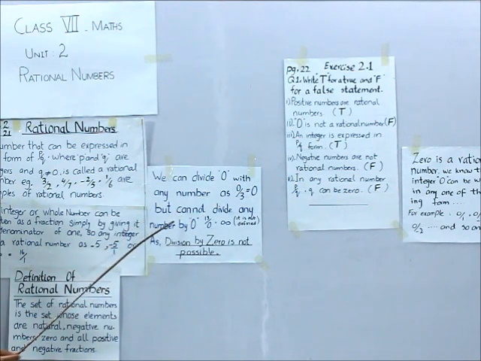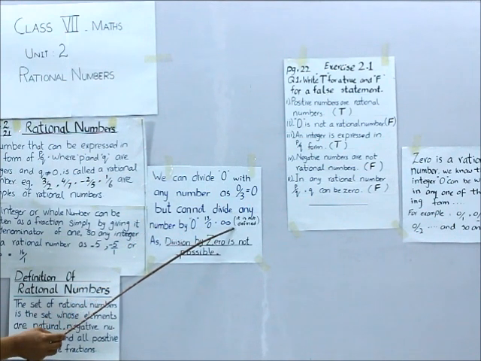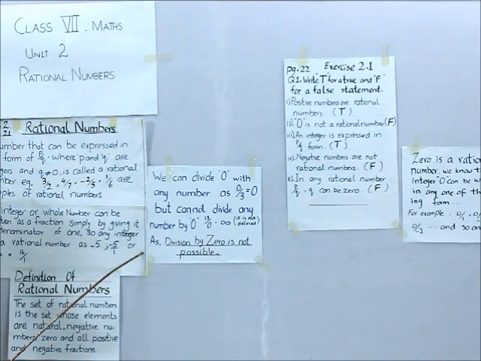But we cannot divide any number by 0. In this case, it is not defined. So, division by 0 is not possible. According to this rule, we don't have 0 in the denominator.